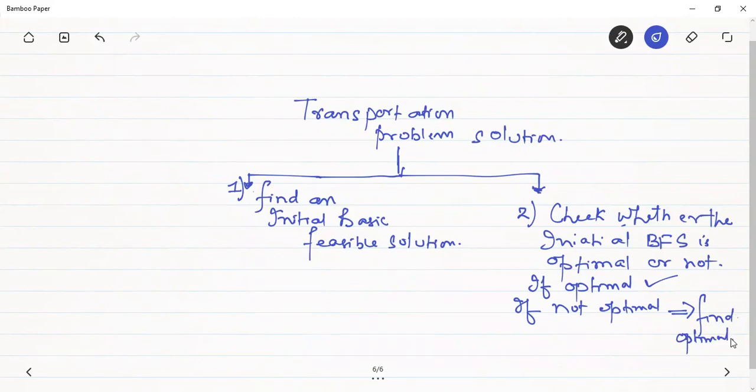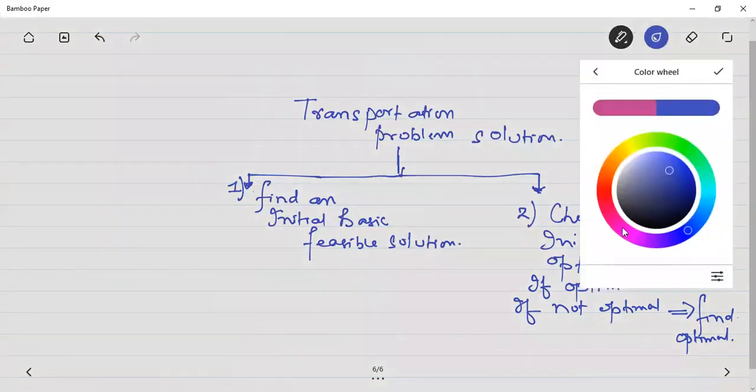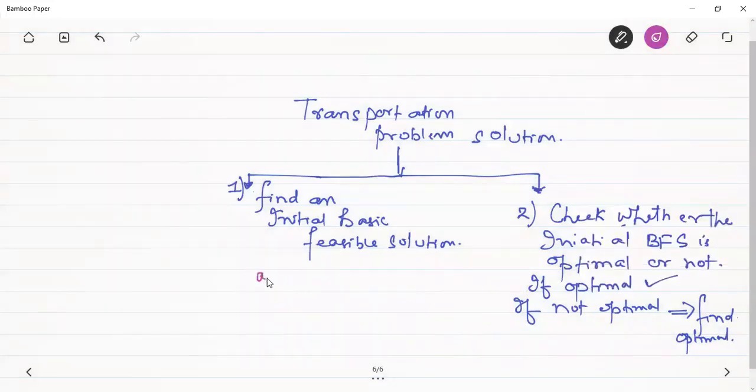This will be the sequence of steps followed in the transportation problem. First we find the initial basic feasible solution, later we check whether it is optimal or not, and if it is not optimal, then we find the optimal solution. For finding the initial basic feasible solution, we have to learn three methods. The first is the northwest corner method.